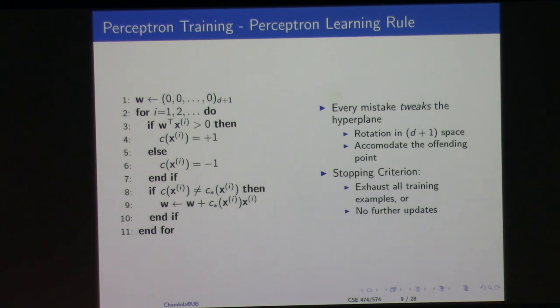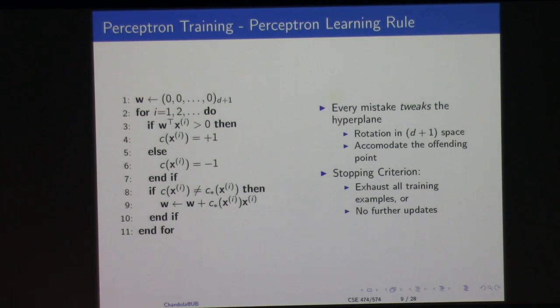If you have a line which is specified using W, and you add something to W, all you're doing is you are rotating it. You're assuming that it is going through the origin because you've added the bias. So when you add something to that W, all you're doing is rotating it a little bit, okay? The idea here is that you start with some weight and then you keep rotating that weight vector as you make mistakes.